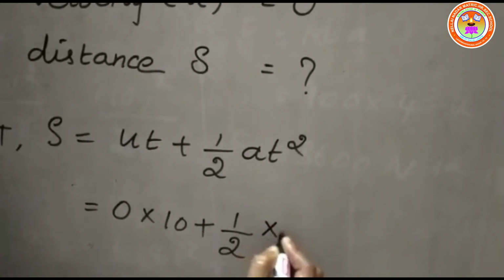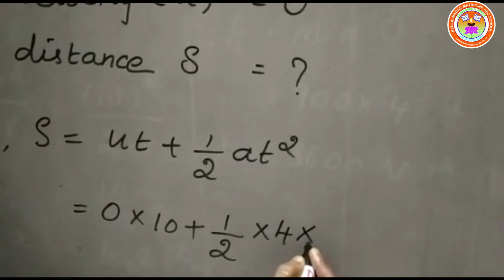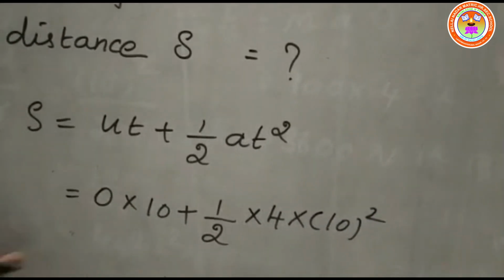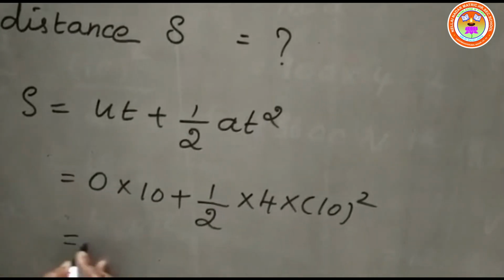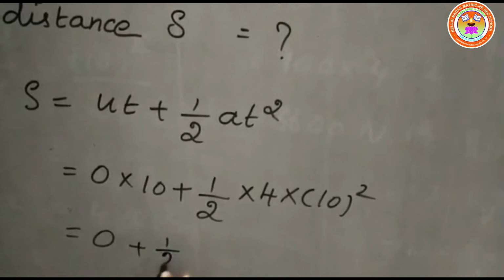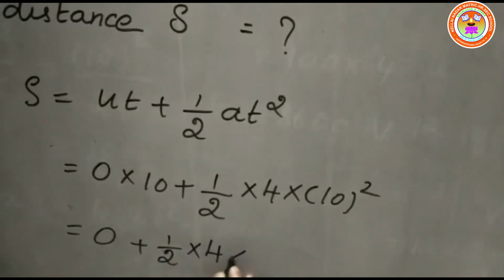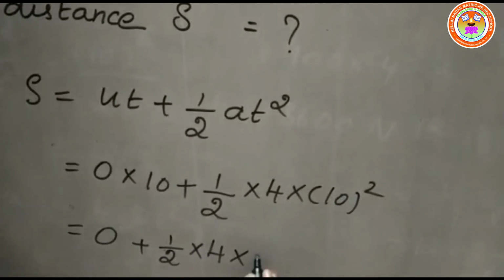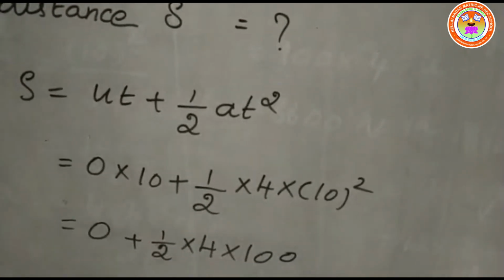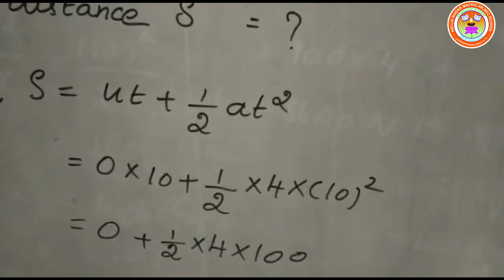What's the value of a? 4, into t square. The t value is 10 square. Zero multiplied by any number gives 0 only. So 0 plus half into 4 into 10 square. 10 square is nothing but 10 tens. 10 tens are 100.